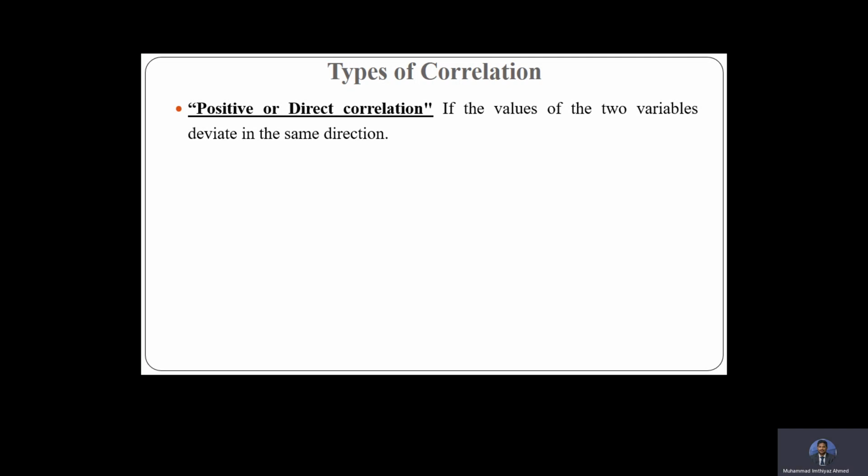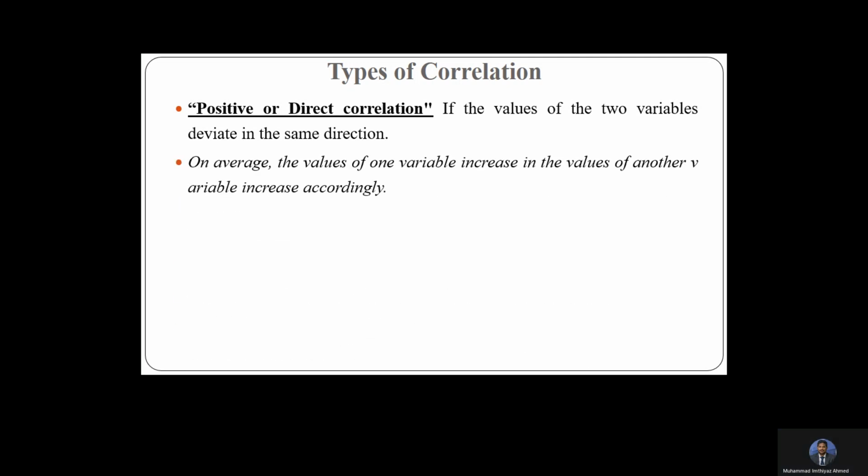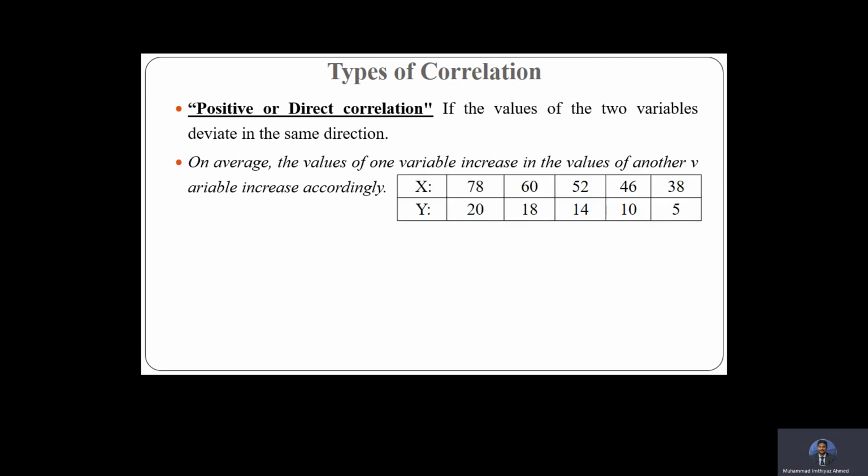Now, do we have examples here? On average, an increase in the value of one variable leads to an increase in the value of the other. Now, can you see X here? Can you see Y here? Okay. Now you see from the reverse angle, don't see in the forward direction.